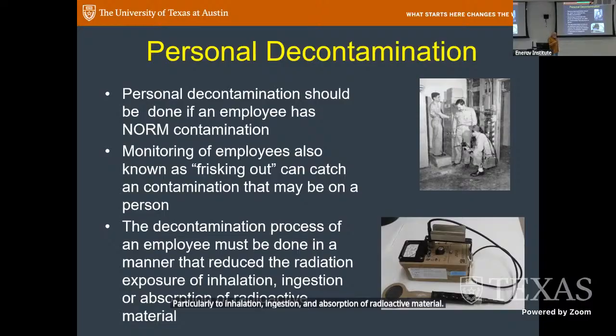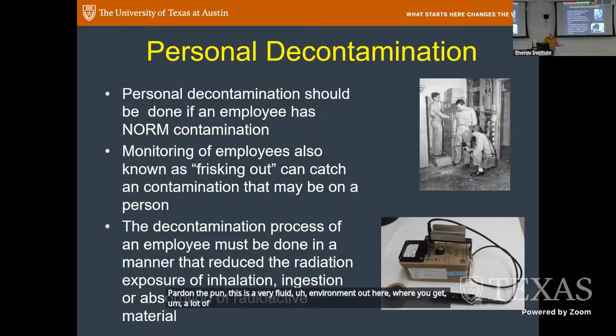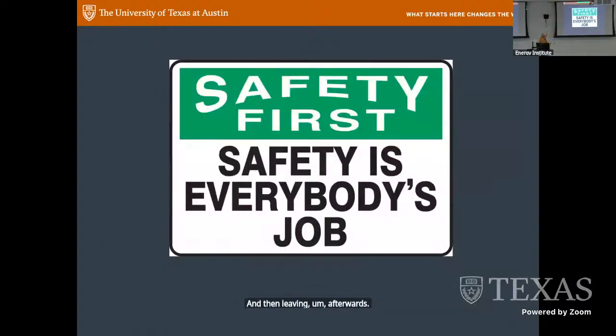For the most part, this is done very well, but if you stay lax with your controls, and you don't have continuing education every year or every other year, and you have a whole bunch of new people coming in, this is a very fluid, pardon the pun, environment, where you get a lot of people coming in for very short periods of time and then leaving afterwards. So safety first, safety is everyone's job.